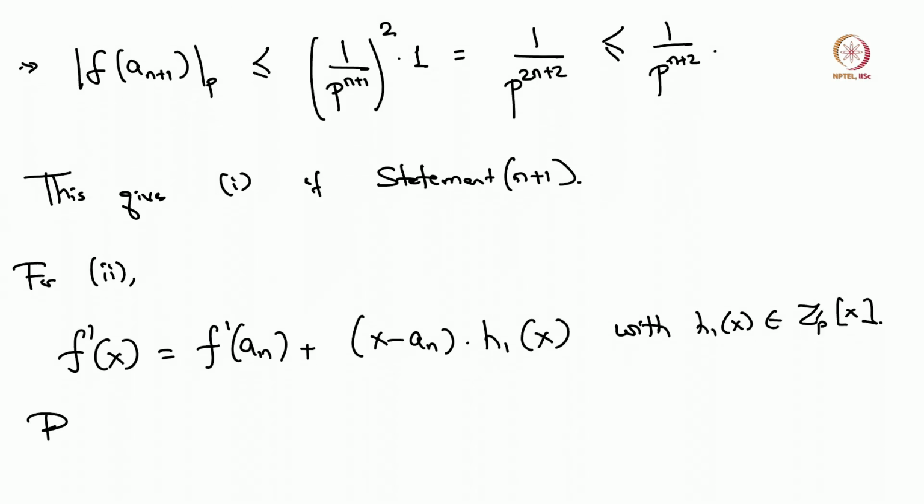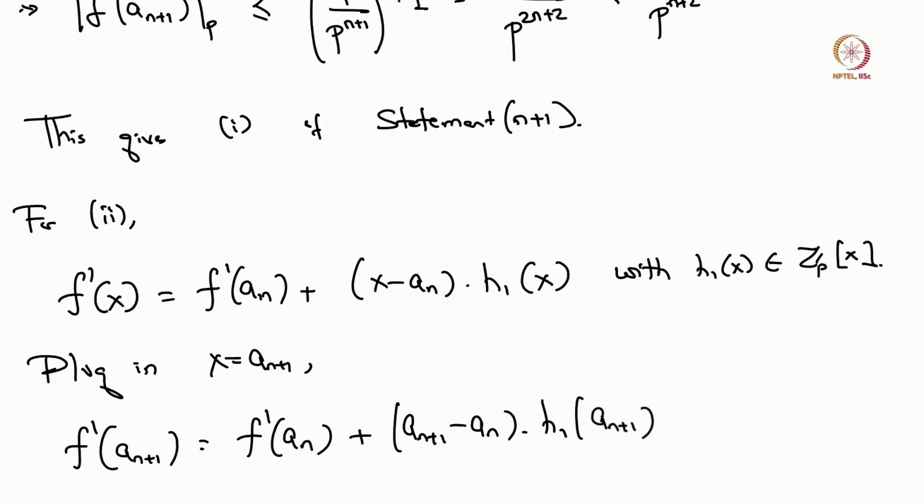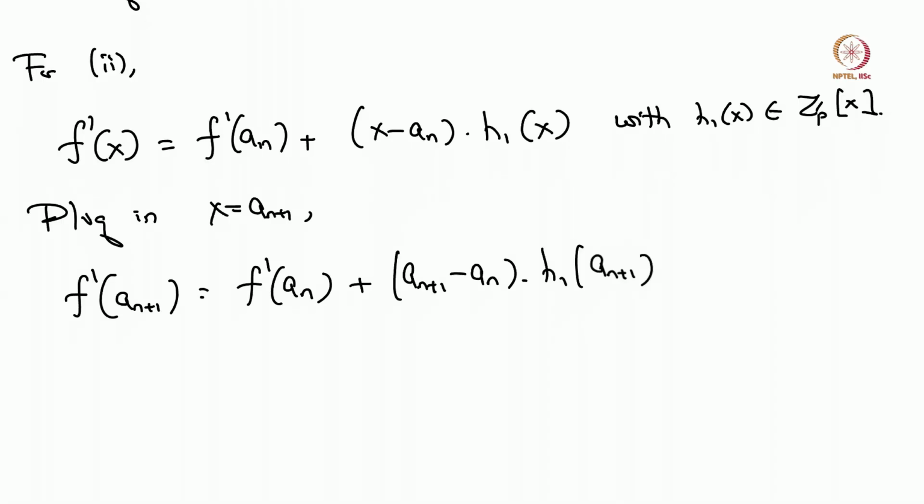Okay, and just as earlier, now if you plug in x equals a_{n+1}, we get that f prime of a_{n+1} is f prime of a_n plus (a_{n+1} minus a_n) times h1 of a_{n+1}. Okay, and again, going modulo this maximal ideal pZ_p, what do we have?